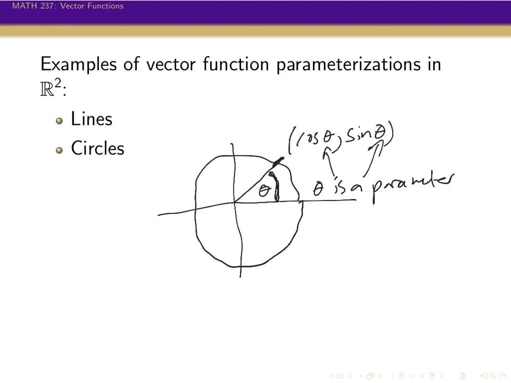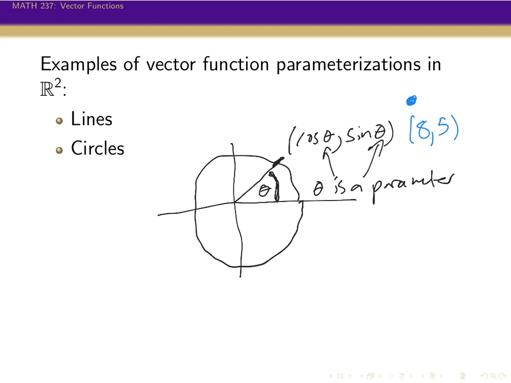So what if we want to do this for circles centered somewhere else? Rather than being centered at (0, 0), let's say we want to be centered at (8, 5).